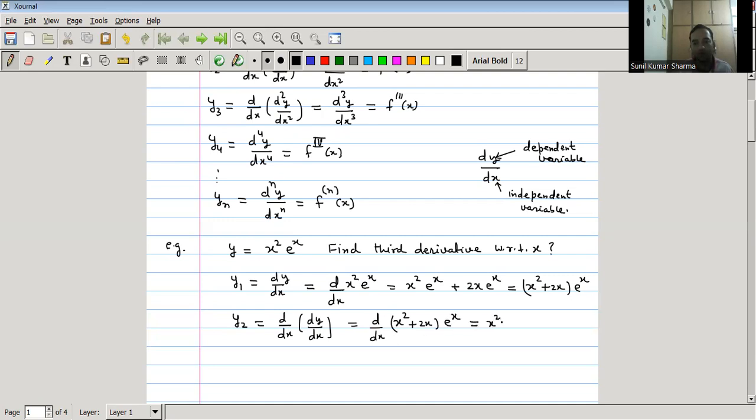So we can write x square plus 2x times the derivative of e power x, which is e power x, plus x square plus 2x differentiated, which is 2x plus 2, into e power x. So again we can take e power x common. So we get x square plus 4x plus 2 into e power x.